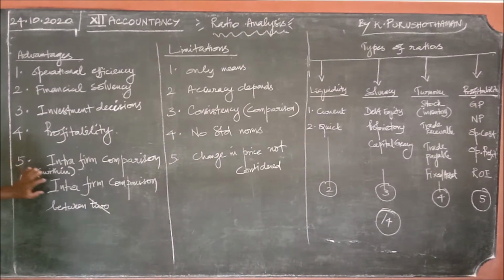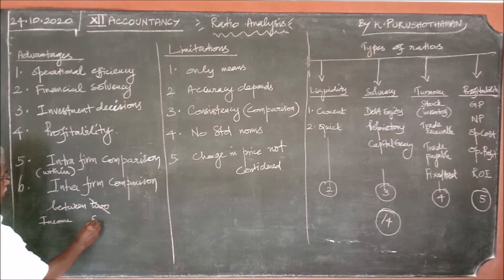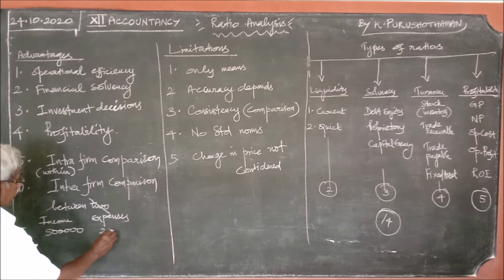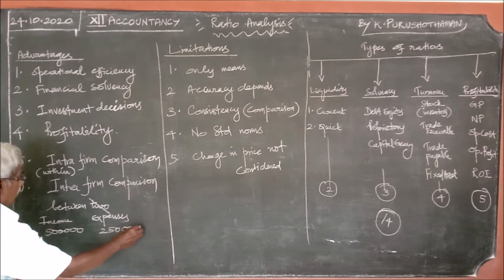A company's income is 5 lakhs, expenses 2,50,000.